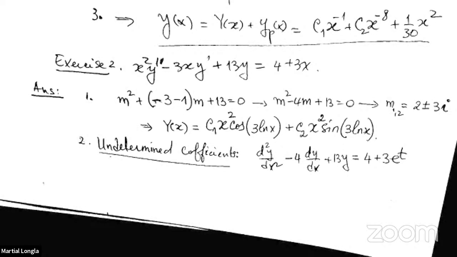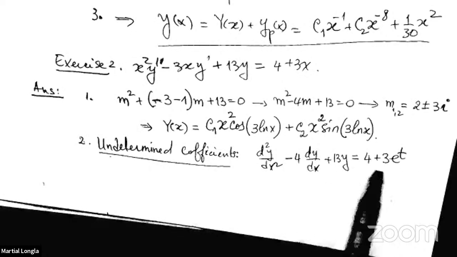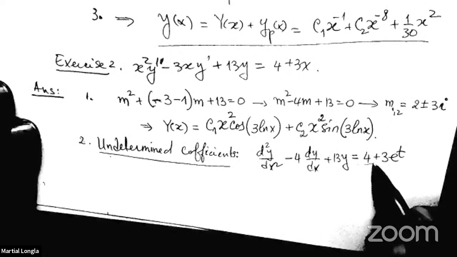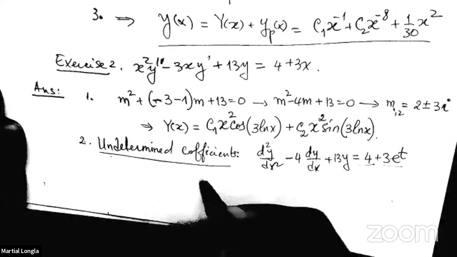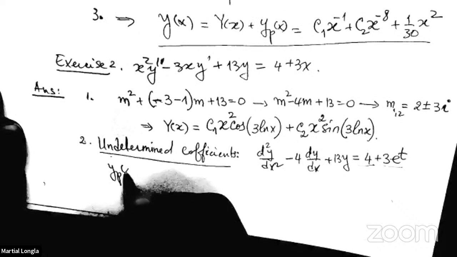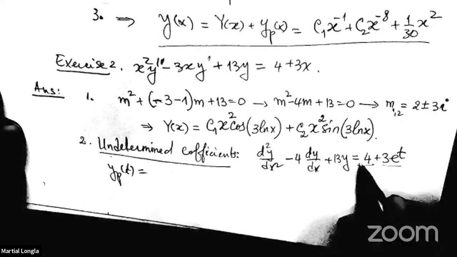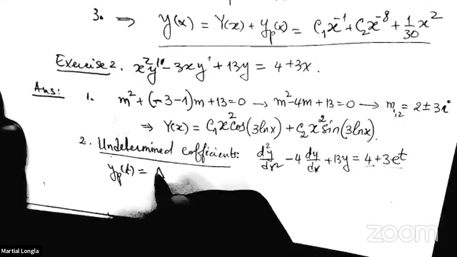And for the method of undetermined coefficients, this right-hand side is just perfect, right? It's just two kinds of functions: 4, and 3e to the t. So you have two different yp's to check here. So yp of t, for the constant, is a constant a.